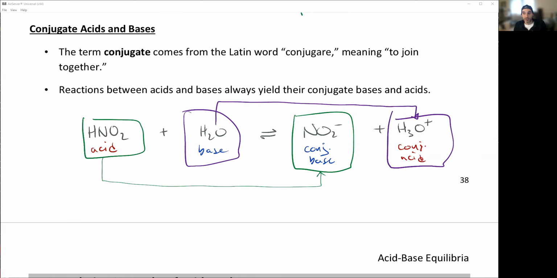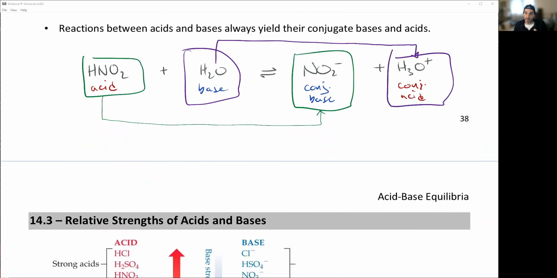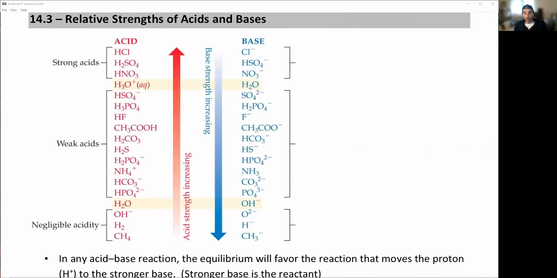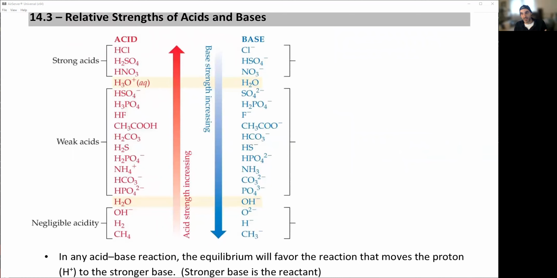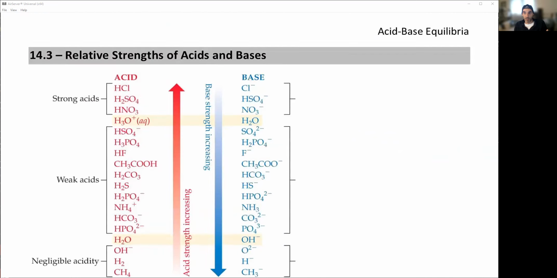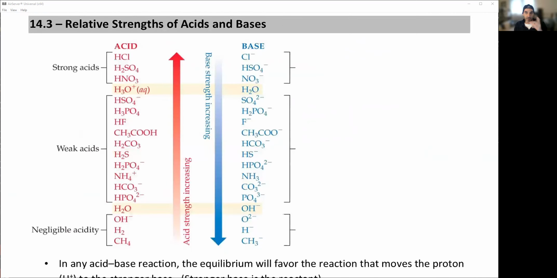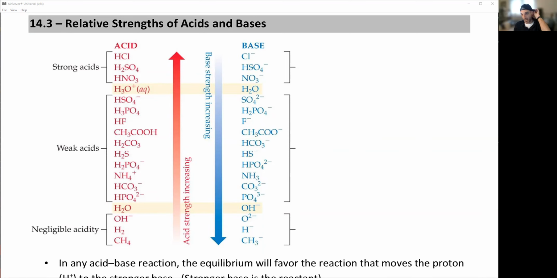The reason that we have to understand these conjugate acid-base pairs is because relative strength is tied to this idea of conjugate acid-base pairing. So understand this, and that's the end of the definitions. We're going to talk about relative strengths of these things. This chart is really important for being able to understand buffers, being able to understand strengths of acids. So have one of these handy if you can, or at least make sure you have this printed out so you can have this handy when you're doing this next thing.